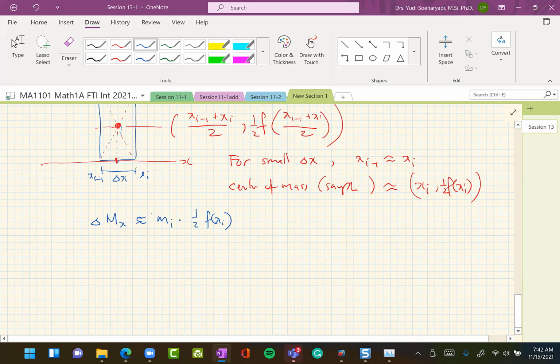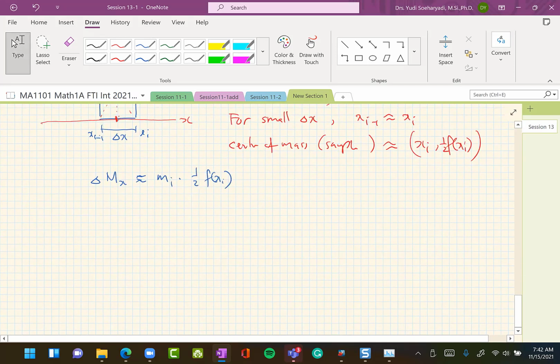It's approximate. So the total moment with respect to the x-axis is the sum of these over all samples.